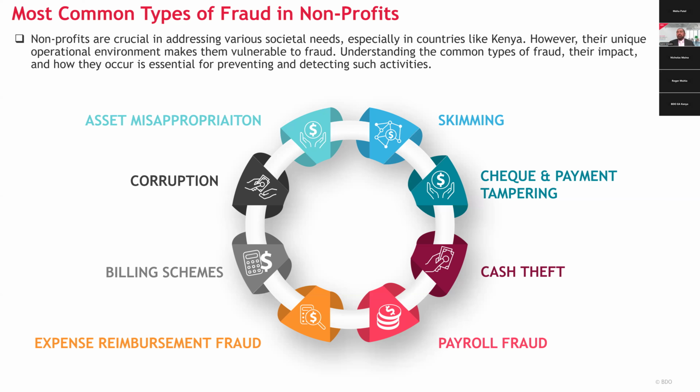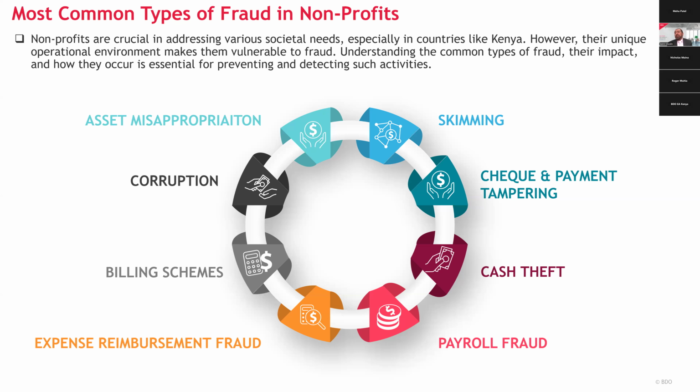Employees can submit inflated or entirely fictitious expense reports claiming reimbursement for non-existent or personal expenses. Common methods can include things like fabricating receipts, altering legitimate receipts to inflate the amounts, and claiming expenses for non-existent travel or events.